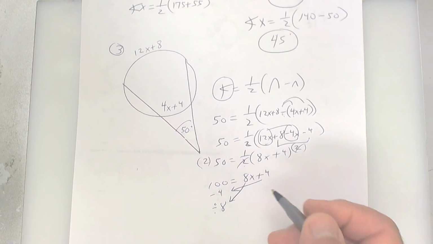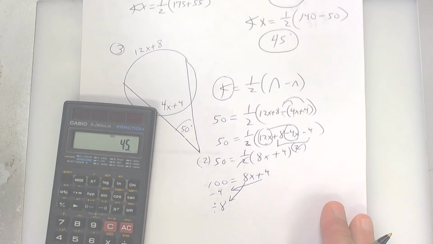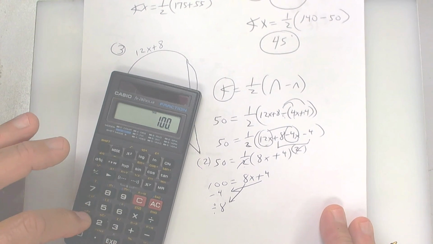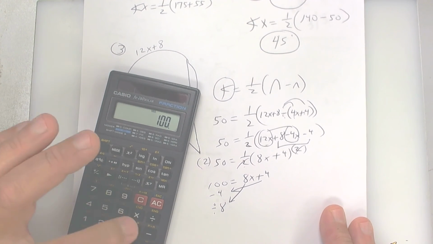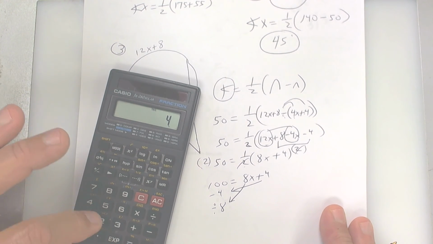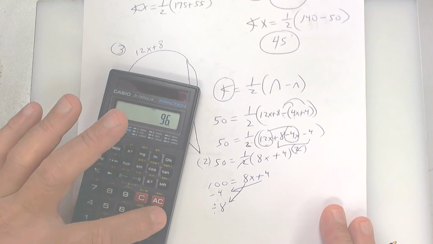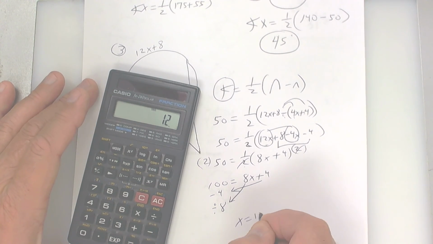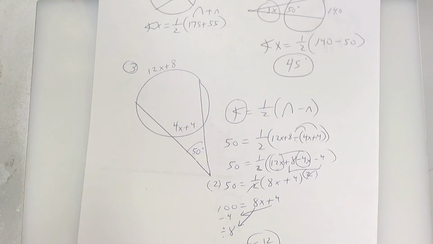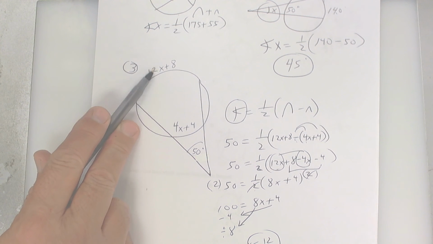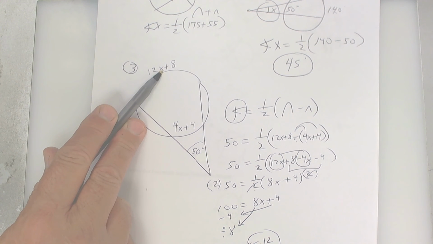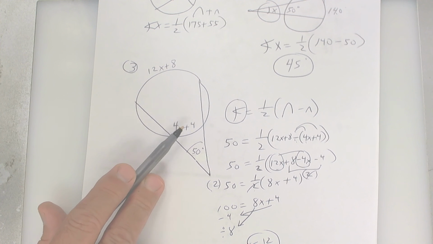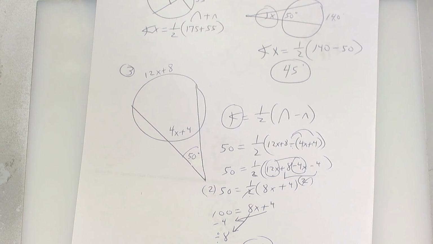So let me get my calculator. 100 minus 4 equals that, and then divide by 8 equals 12. So x equals 12. Now, if you want to find out what these angles are, you would plug in 12 times 12 in this case, because that's what x is, and then plus 8, or 4 times 12 plus 4. All right, that's how you do it.